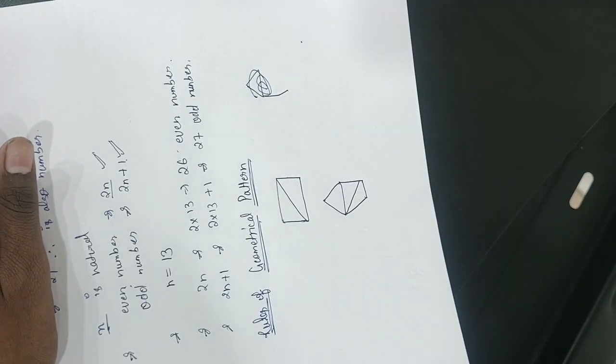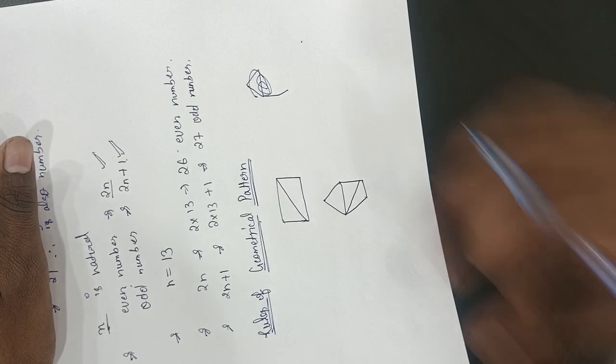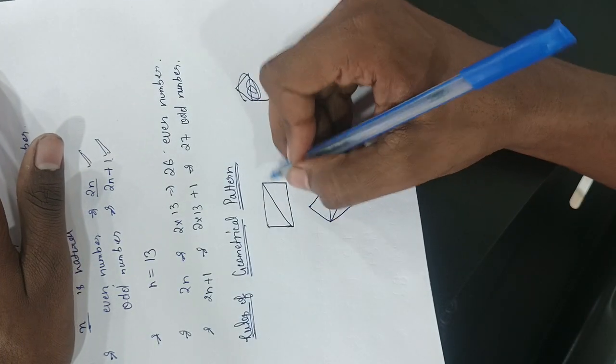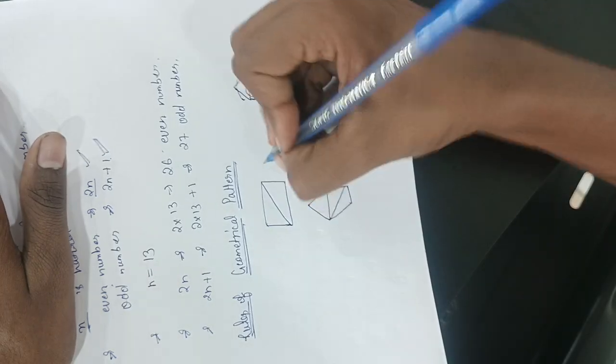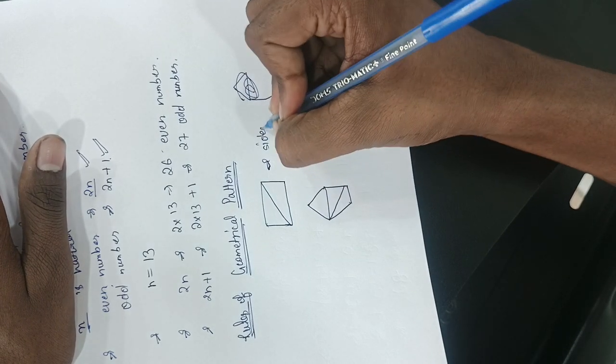So here in quadrilateral, how many sides are there? In this, how many sides are there?